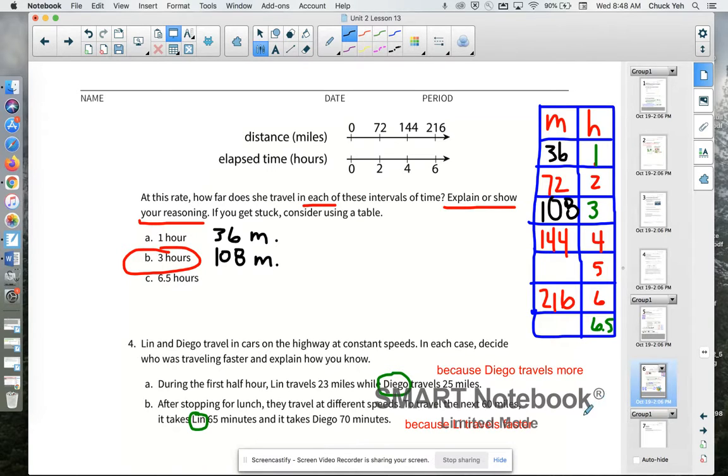So I get 234. So that's 234 miles. All right. If you don't understand that, just go back a little bit in the video and just watch me explain it again.